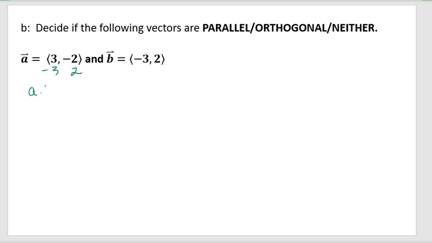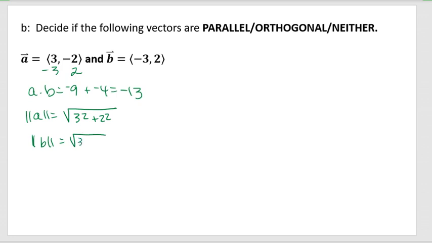On this one, my dot product, A dot B, is -9 plus -4, which is -13. That's not 0. I have to keep going. The magnitude of A is the square root of 3 squared plus 2 squared. The magnitude of B is the square root of 3 squared plus 2 squared. Would you look at that?